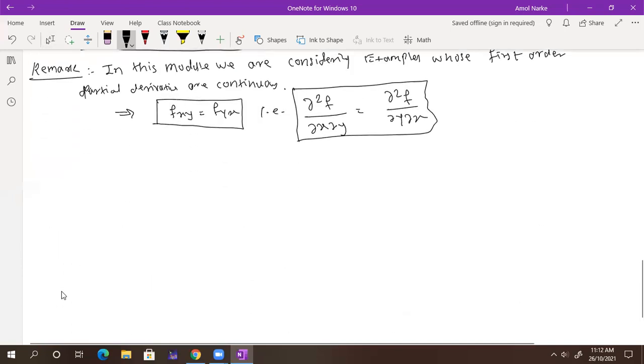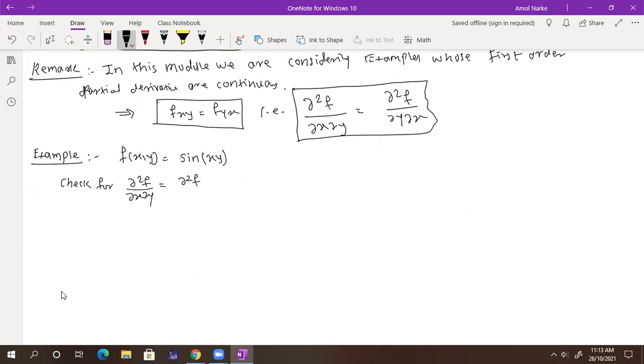So example: let's take the example that we have done earlier. f(x,y) is equal to sin xy. Check whether ∂²f/∂x∂y is equal to ∂²f/∂y∂x. So tell me, what is ∂f/∂x for that function?